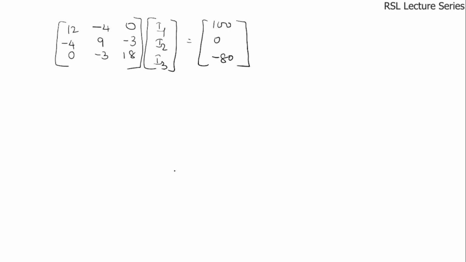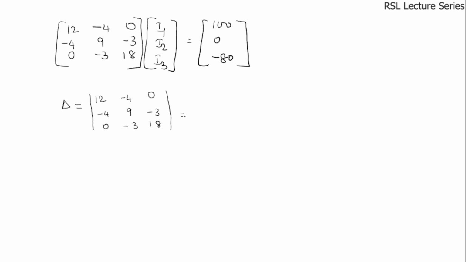So now we'll solve this problem. Our aim is to find out the current value. These are the equations we got. Now we have to apply Cramer's rule. First we have to find the delta value, that is the determinant of the resistance matrix: 12, minus 4, 0; minus 4, 9, minus 3; 0, minus 3 and 18.